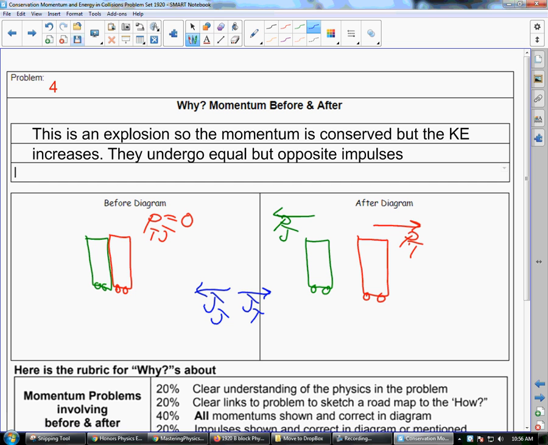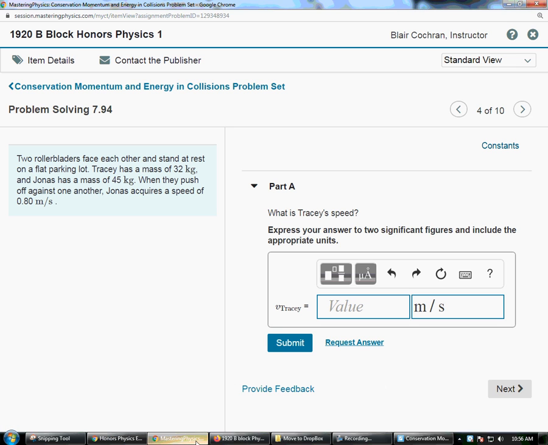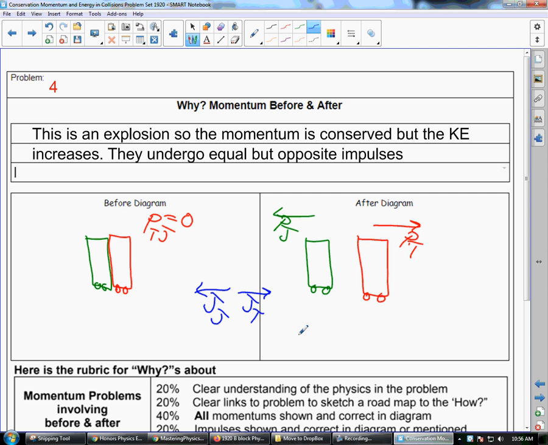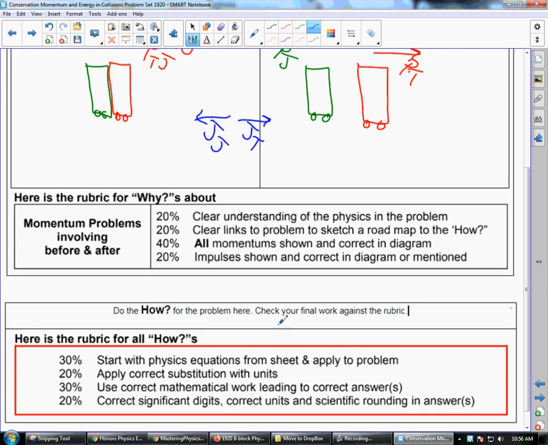And let's see what they told us. Okay, so they told us the speed, so they didn't attach a direction to each one. But we need to keep in mind that momentum is a vector, so when we're doing this, we need to keep those directions in mind.